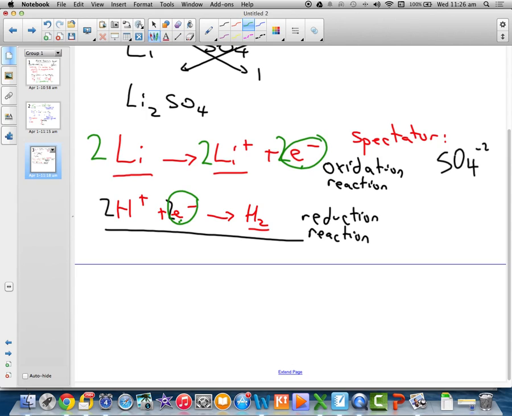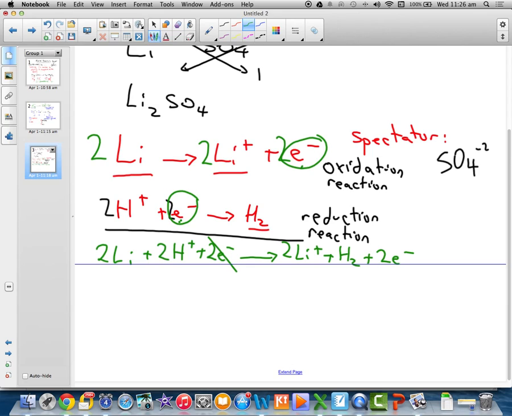So on my left, I have 2 lithium atoms, and I have 2 hydrogen ions, and I've got 2 electrons. That's my reactants. Okay. My products are 2 lithium ions, hydrogen gas, and 2 electrons. And if I've done this properly, I should be able to cancel out my electrons.